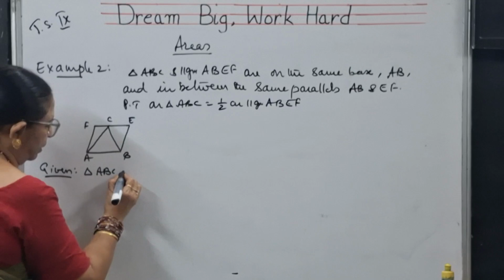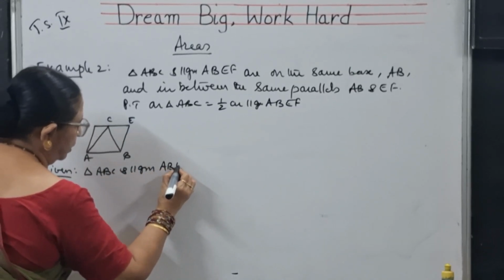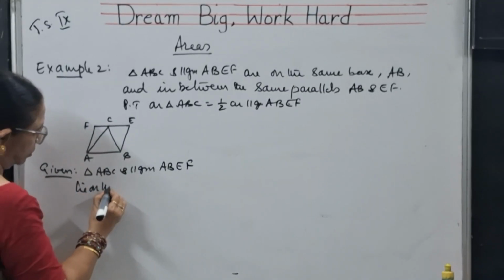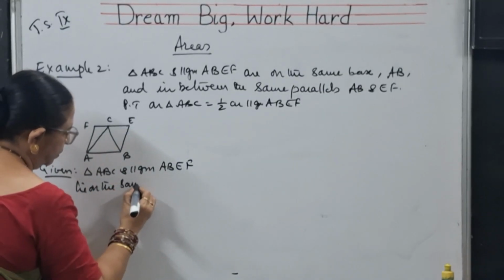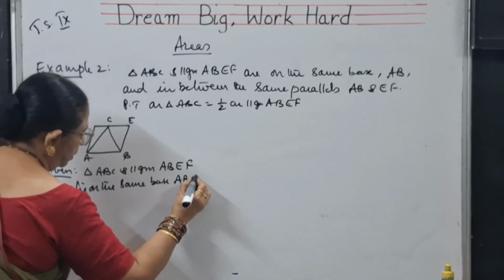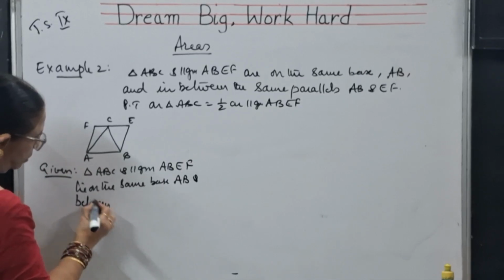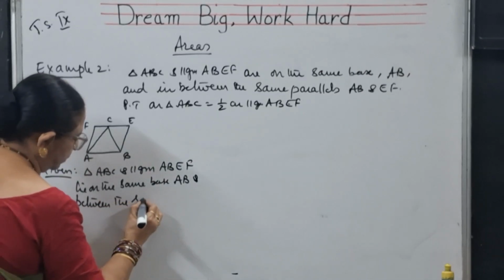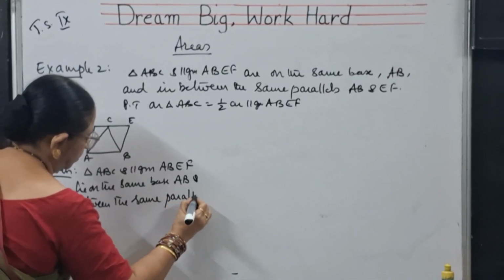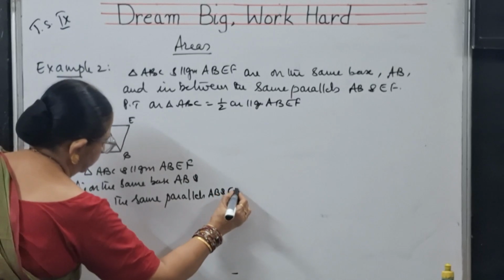Triangle ABC and parallelogram ABEF lie on the same base AB and between the same parallels AB and EF.